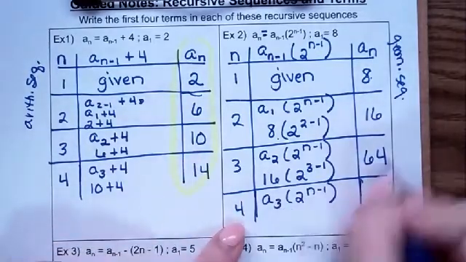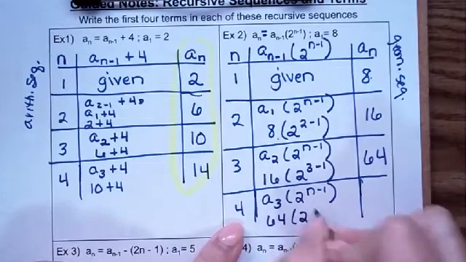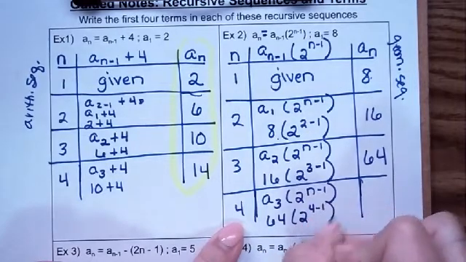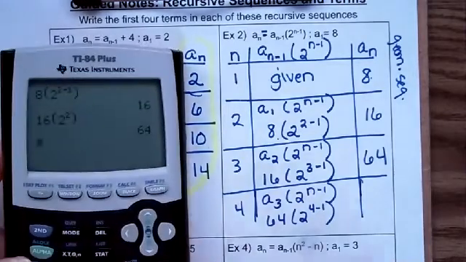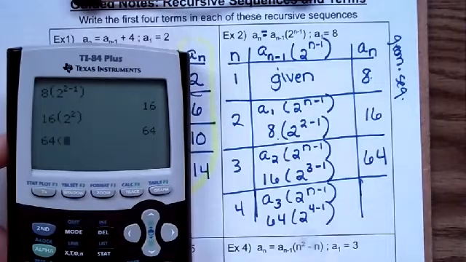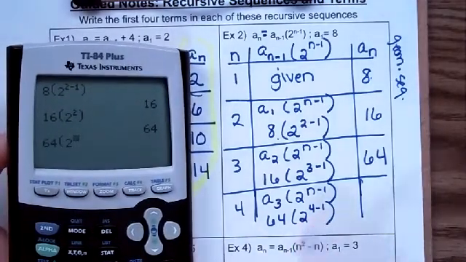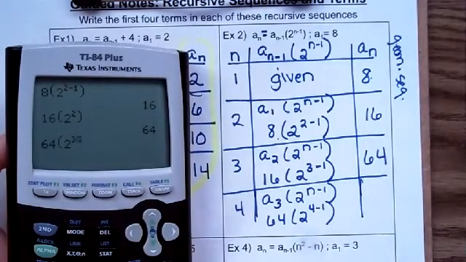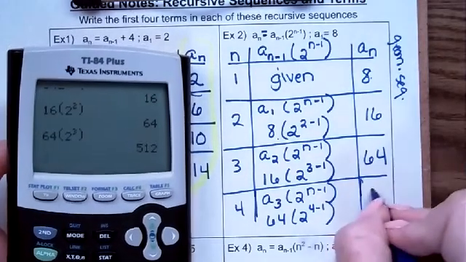Now, A sub 3 was 64, right? And that's 2 to the 4 minus 1 power. So what would I put into my calculator? I'm going to put in 64 parentheses 2 exponent. Now, 4 minus 1 we know is 3, so I can just put my 3 there. And I come up with 512.